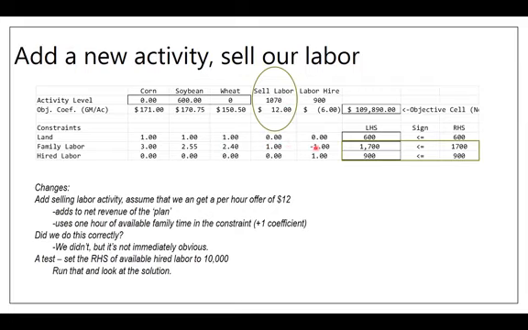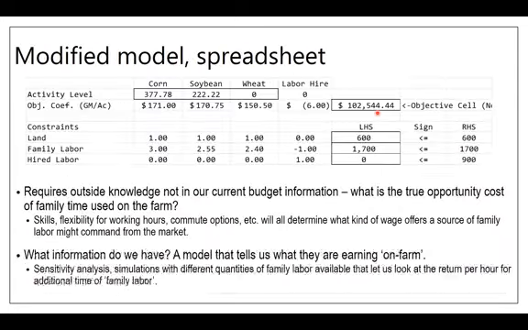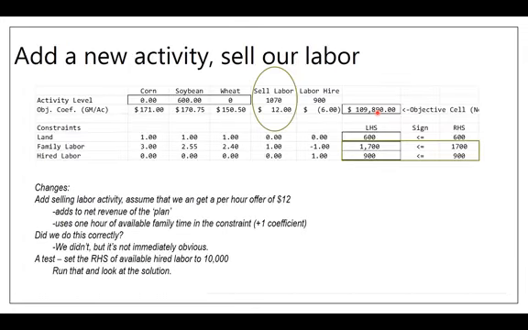Okay, and then we still have the labor hiring comes in to supplement, and so what we end up with is a model solution that grows the objective, right? I don't remember what it was before, 102, it grows it by 7,000. So we're getting a higher return. We're selling off labor to the market. We're hiring in the maximum amount of labor. So we're hiring in a full 900 hours, and that's really what's going to limit how much labor we sell to the market.